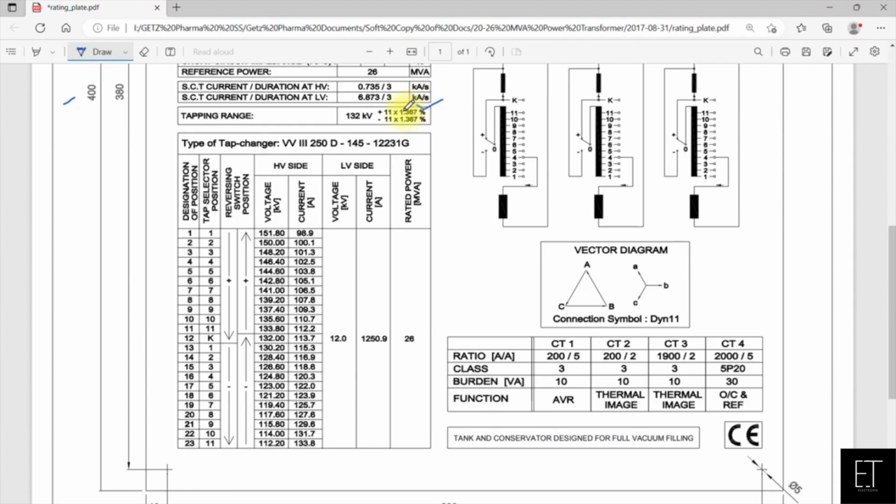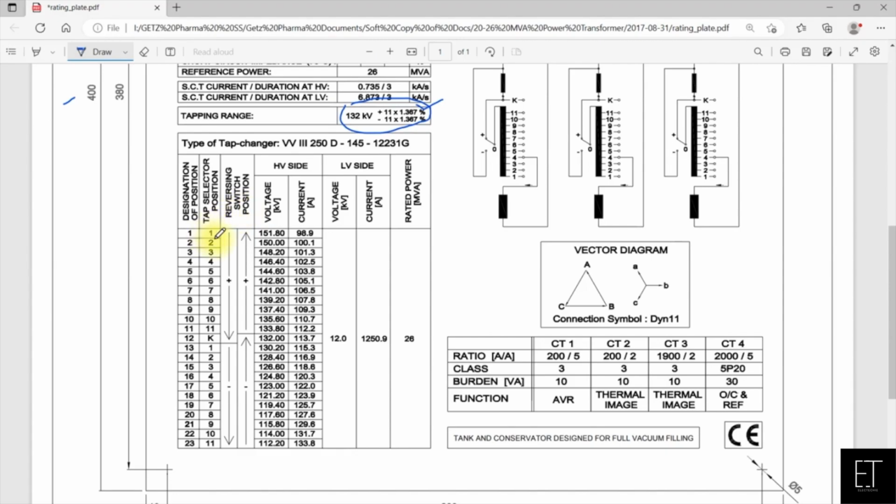So each tap is 1.367% into 11, which is almost 15% plus and 15% minus in this transformer. They have mentioned the regulation in this way.